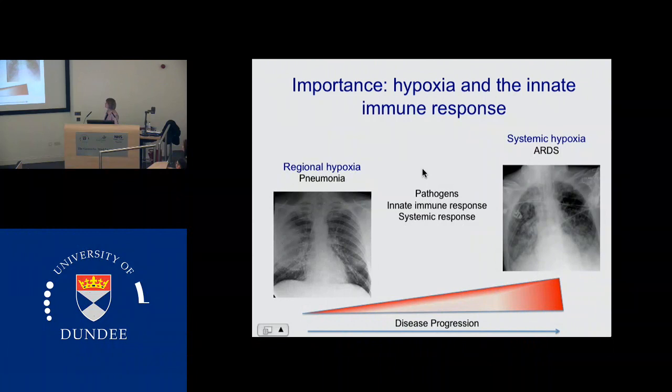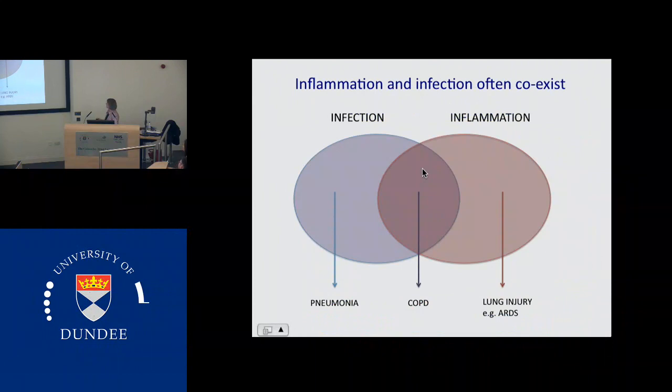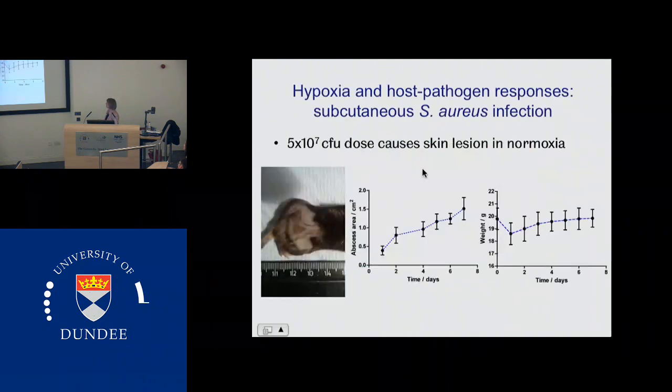But as these patients become sicker and develop clinical syndromes such as ARDS, they also become systemically hypoxic. So it's a good example of the therapeutic difficulty that we have also. This progression from pneumonia to ARDS is also complicated by the fact that you have both infection and inflammation coexisting in the same patient at the same time.